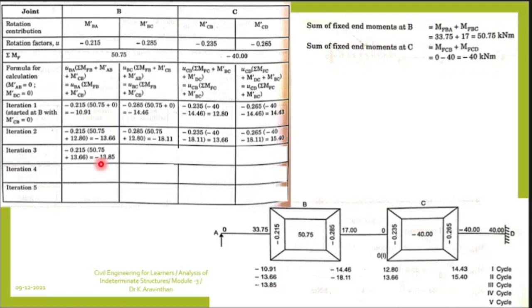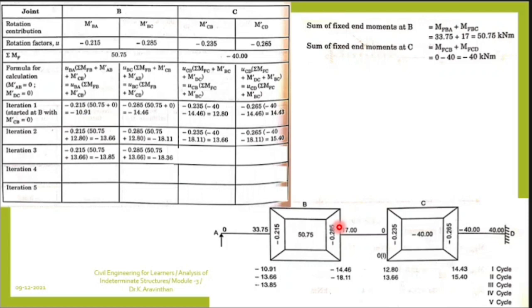Yes. Add 50.75 plus 13.66 and multiply by minus 0.285. 18.36. Yes.